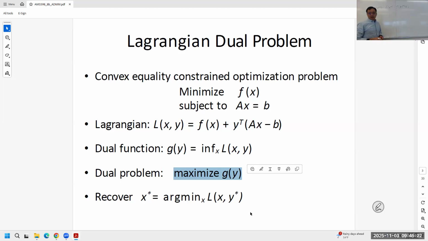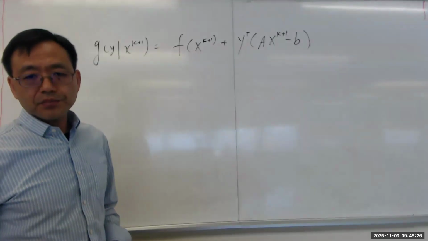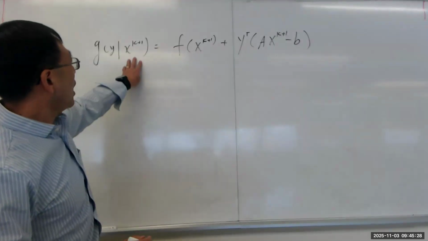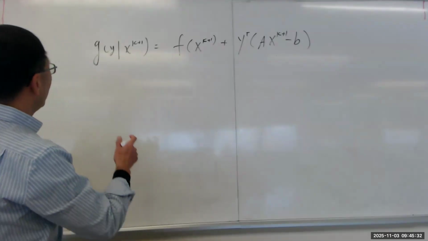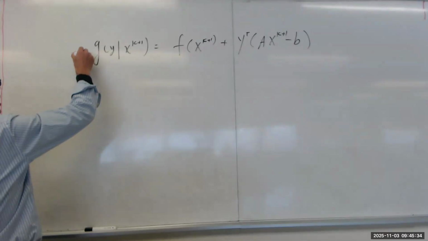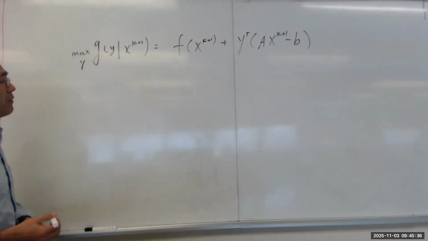So this is your g(y) given x_{k+1}. This is your target function, so you want to maximize this function with respect to y.